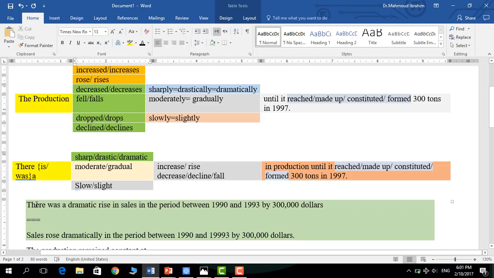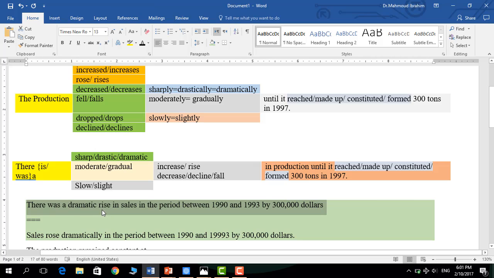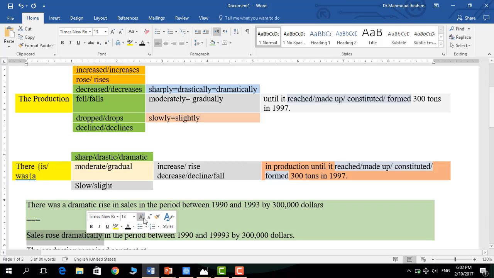When you say, for example, there was a dramatic rise in sales in the period between 1990 and 1993 by $300,000, there was a dramatic rise, it's absolutely the same meaning as sales rose dramatically. Again, there was a dramatic rise is equal to sales rose dramatically in the period between so and so. Okay?